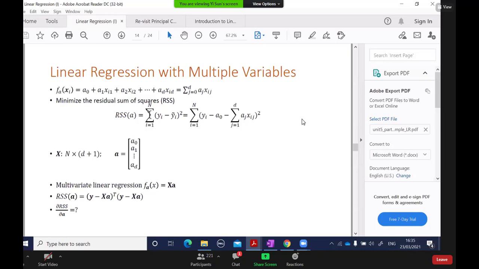This way, if we write it like a sum for everything, we can further write it using what you have already learned, matrices. Rather than writing the power of the square, we can write it this way. Y here is the target column, and the predictions are given by our data matrix multiplied by our coefficients. The size of the data matrix is n by d plus 1, and this a is a column vector.